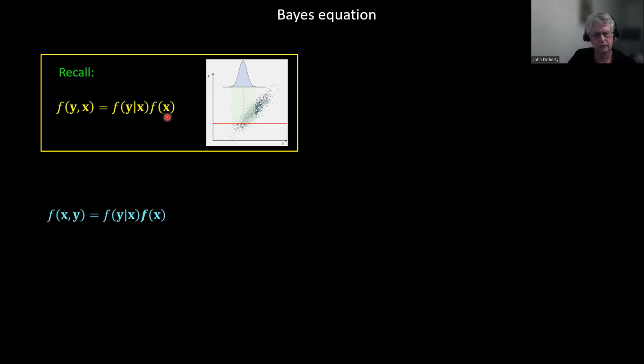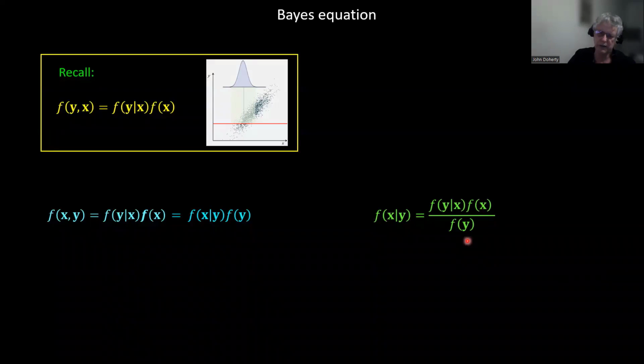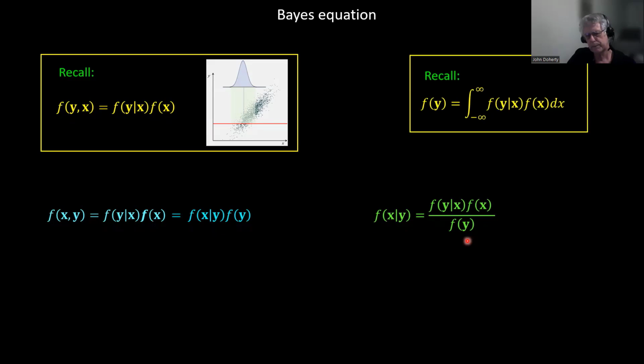It's so obvious that I'll write that equation again in blue. Now I'll reverse the roles of x and y. And now I'll divide by fy to obtain this green equation. Now there's one more equation back from webinar 1, which I'll remind you of. We said if we've got fxy, to derive the marginal probability distribution of y, that is fy, I can integrate out x. So fy equals the integral over all possibilities of x of fy conditioned on x times fx.